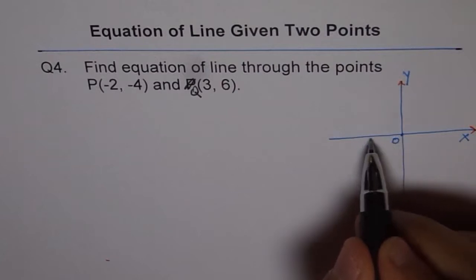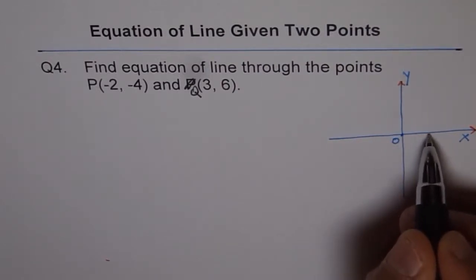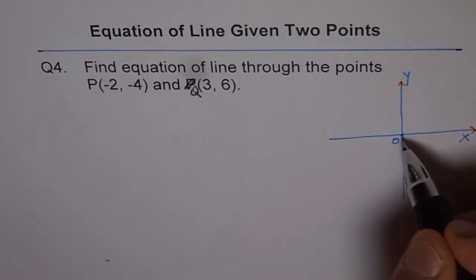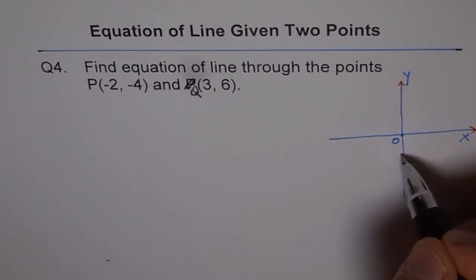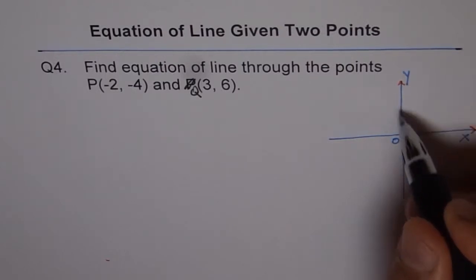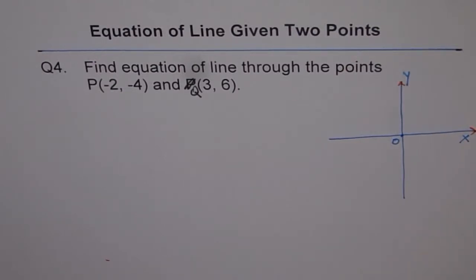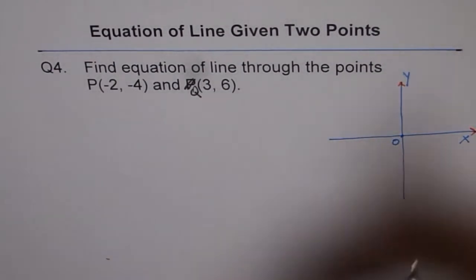Minus is left of origin and plus is right of origin for the x coordinates. For y coordinates, minus is down and plus is up, above the origin, or below is minus. That is how it is. So I'll explain once again while plotting these points. P is (-2, -4).